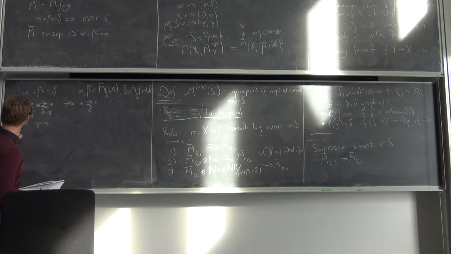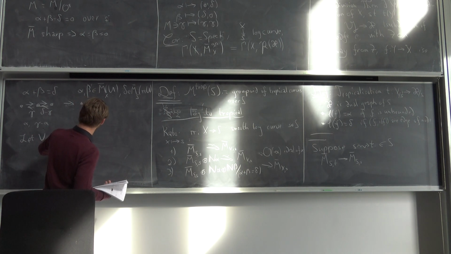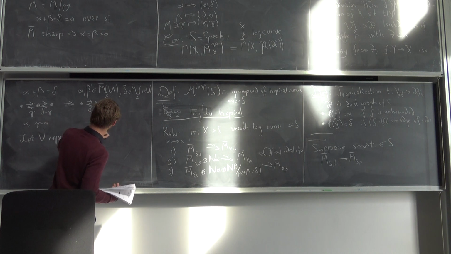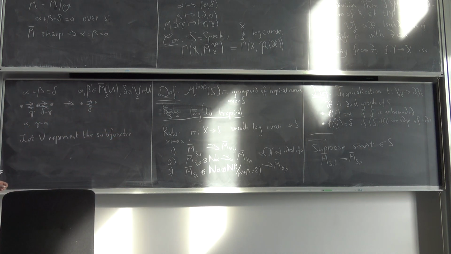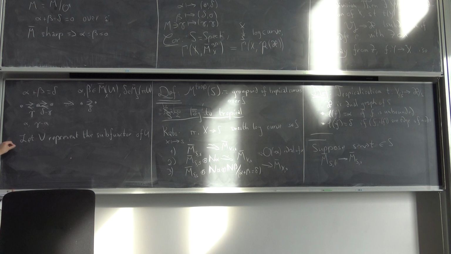And we let V represent a subfunctor of U, basically where this gamma minus alpha is actually well defined.